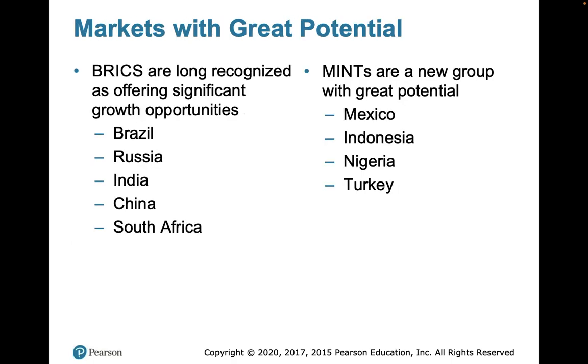Now we're going to look at two groups of countries, the BRICS and the MIP. These are countries with great market potential. The BRICS consists of Brazil, Russia, India, China, and South Africa. And the MIP consists of Mexico, Indonesia, Nigeria, and Turkey.